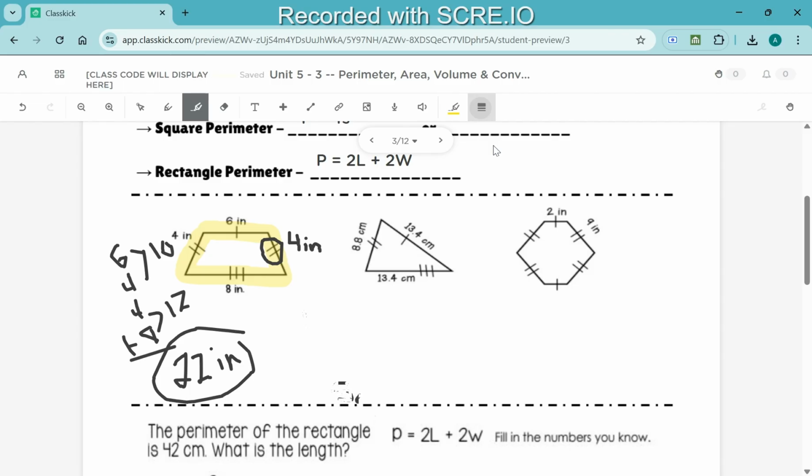We carry our 1. 1 plus 1 plus 1 is 3. So the perimeter of this shape is 35.6 centimeters.